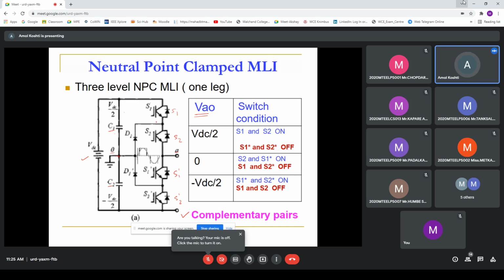One is VDC by 2. Then total voltage VDC. Then in the negative half, minus VDC by 2. And the third level is 0. If you refer to different books, some books also take the output voltages as VDC by 2.